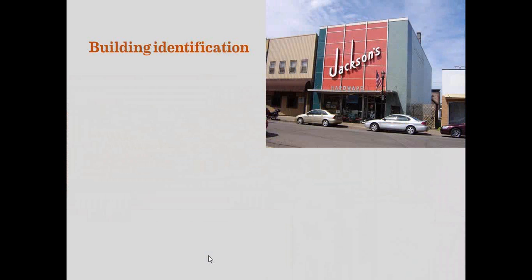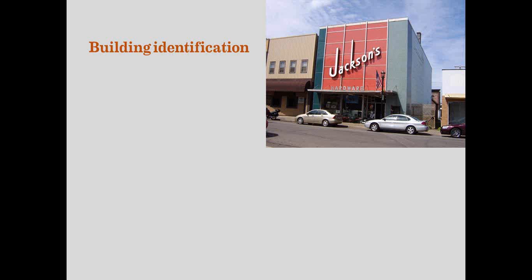Now, some signs bridge both business and building identification. When we're talking about business identification, that typically is categorized as identifying a part of a building. So a sign can be confined to a storefront level, and therefore it identifies whatever entity occupies the storefront.